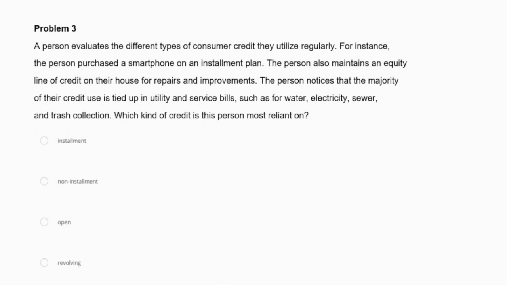Which kind of credit is this person most reliant on? Installment, non-installment, open, revolving. Our question is specifically asking the type of credit that this person is relying on, meaning which one are they using the most?